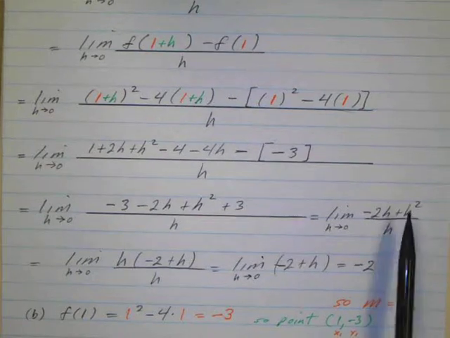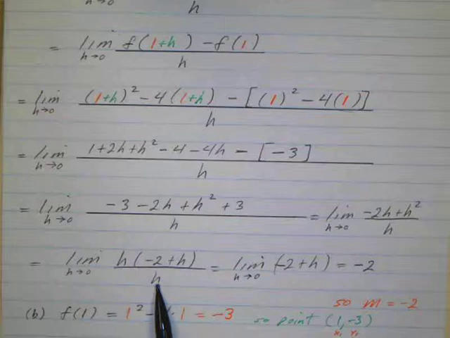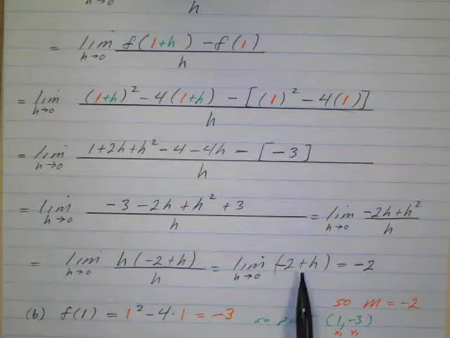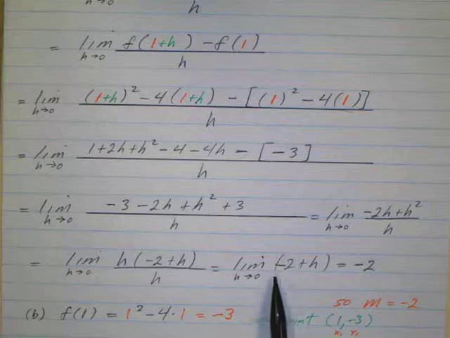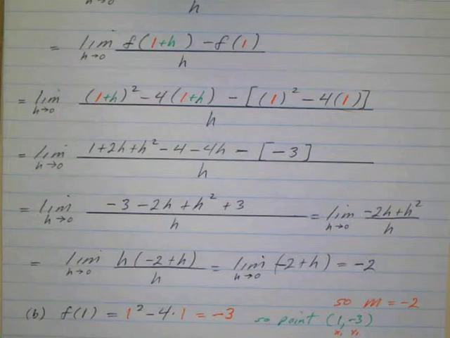That's my limit. It's still 0 over 0. All these are going to be 0 over 0 until I can get rid of this h. And now I can factor this out of the top. And then I can cancel these h's, and now I've got something I can evaluate. The limit as h approaches 0 of negative 2 plus h, and as h goes to 0, that just becomes negative 2. So my slope is negative 2.